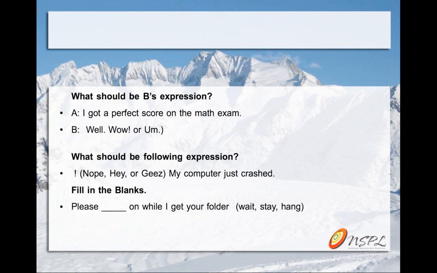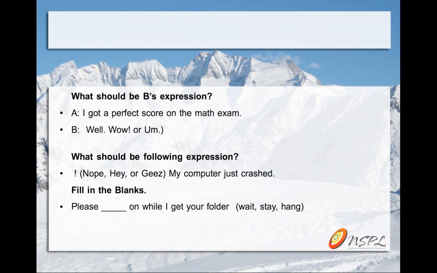And then the last one is we need to fill in a blank. Okay, and there's a new word that I'm going to tell you. Most of the time, our clients use that word. So say, "Please dash on while I get you your folder." Wait, please wait. The correct word is "hang."